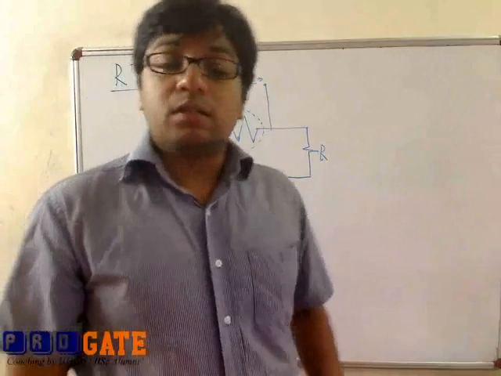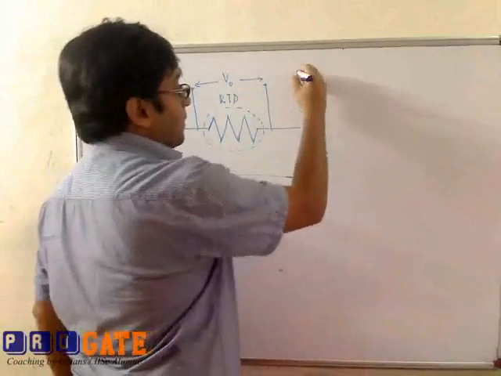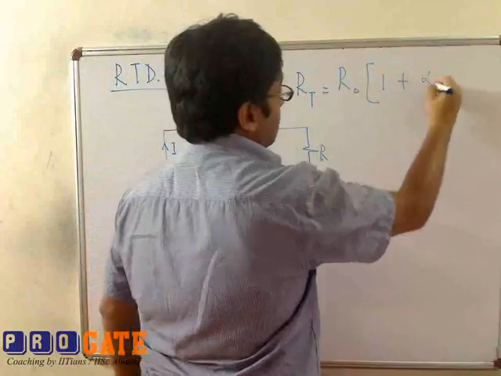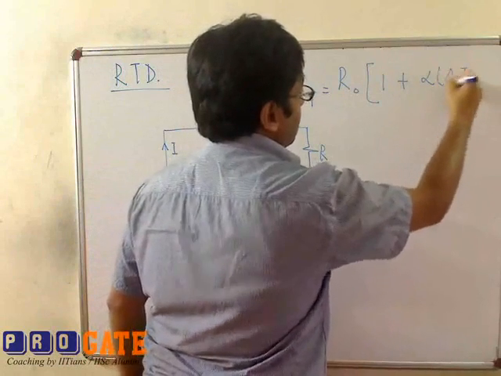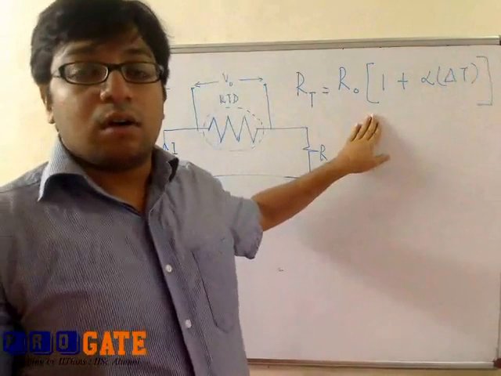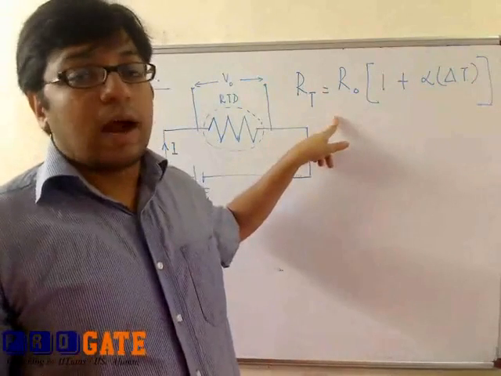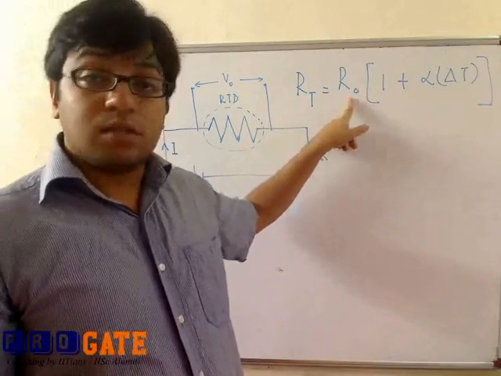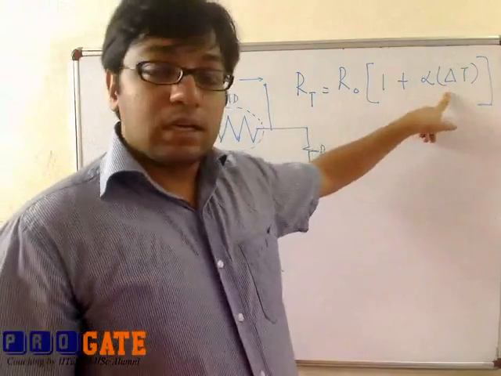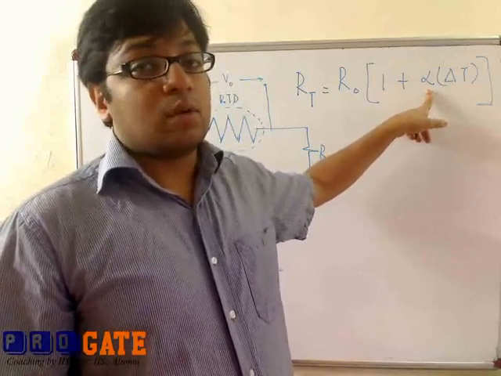This dependence of resistance on temperature is given by a relation that gives you the variation of resistance with temperature, where RT is the resistance at a temperature of T, R0 is the resistance at a temperature of 0 degrees Celsius, delta T is the change in temperature from 0 degrees Celsius, and alpha is a constant known as the temperature coefficient of resistance.